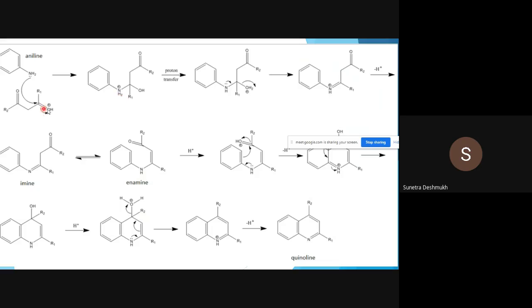So here I have given protonation of the 1,3-diketone, which we have done over here to make this carbonyl carbon more electropositive. Now nucleophilic addition of the lone pair of this aniline occurs across this carbonyl group. So here I have shown how the nucleophilic addition occurs. Okay, so there is a generation of OH.